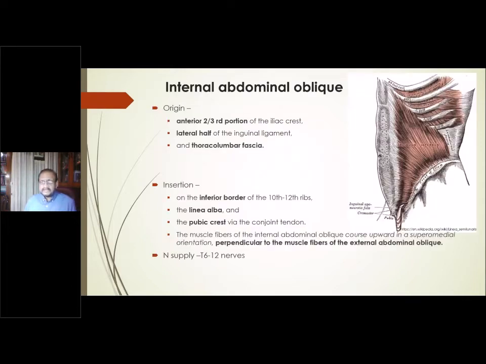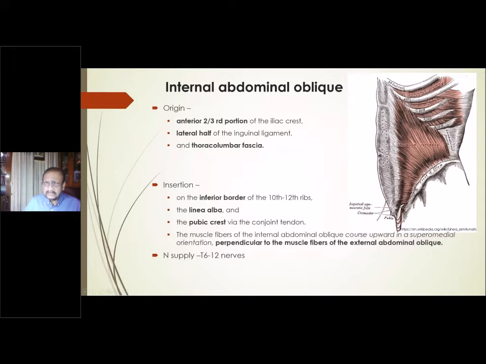Looking at the second muscle, the internal oblique, it runs at exactly right angles to the fibers of the external oblique. So this is arising from the lower part and going up. It arises from the anterior two-thirds of the iliac crest, the lateral half of the inguinal ligament, and the thoracolumbar fascia out here.